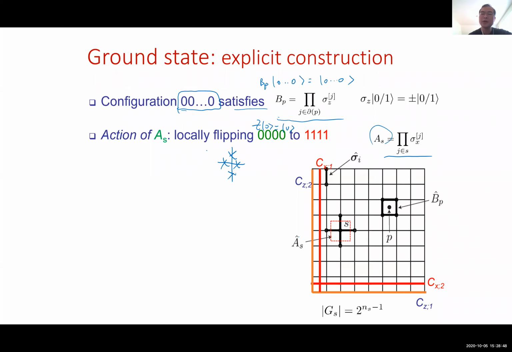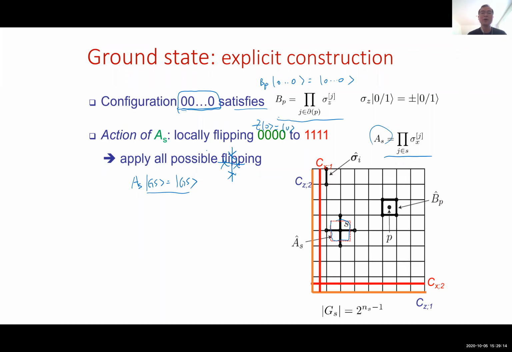Yeah, but the star operator, if you want, it's a plaquette on a dual lattice. So basically, it's flipping 0 to 1. So how do we make some combination so that this ground state would be satisfied? Right. So we have 0 as one configuration.